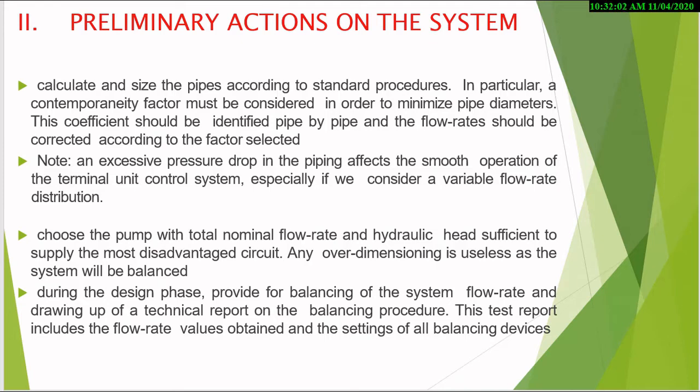An excessive pressure drop in the piping affects the smooth operation of the terminal unit control system, especially if we consider a variable flow rate distribution. We need next to choose the pump with total nominal flow rate and hydraulic head sufficient to supply the most disadvantaged circuit. Any overdimensioning is useless as the system will be balanced.